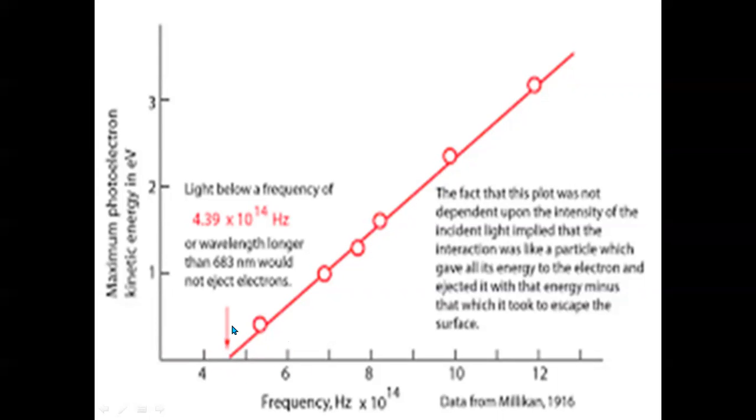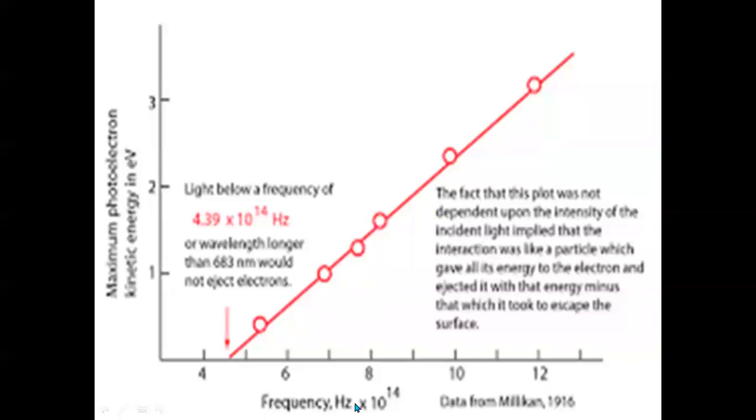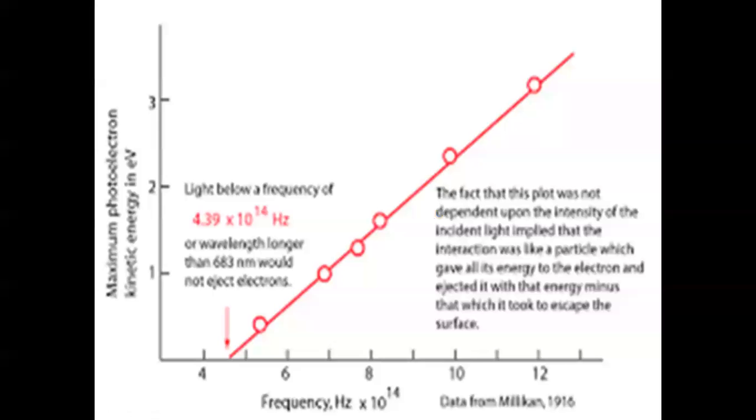If we calculate the energy in frequency, this is about 4.4 into 10 to the power 14 hertz, or exactly 4.3 into 10 to the power 14 hertz. So this is called the threshold frequency nu 0.